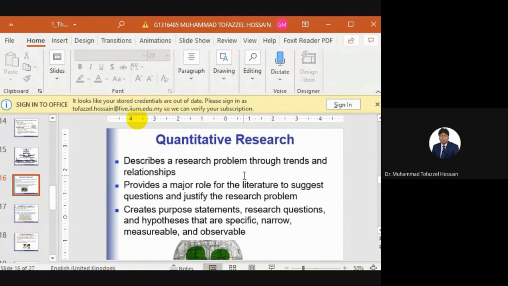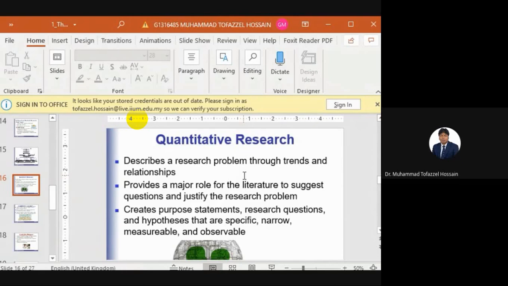Okay, so quantitative, it should be specific, very narrow, and measurable, that you can measure, and observable, so the significant difference can be shown.